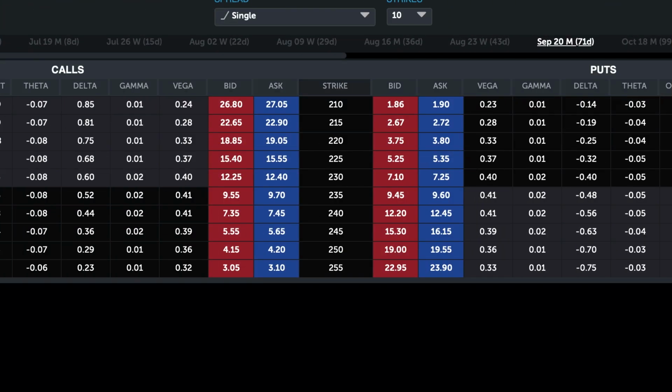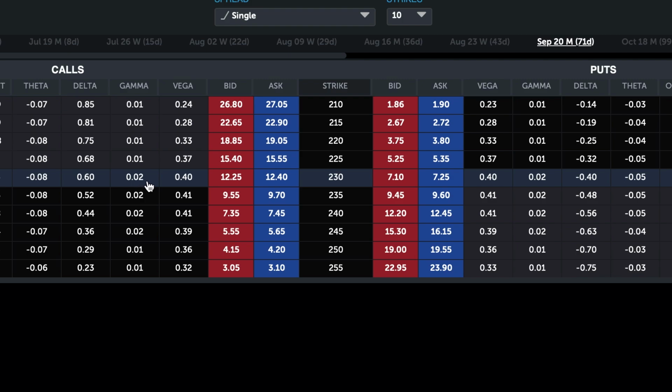Right, so I have my option chain pulled up again. I did have to go in and add gamma to my desktop version because I did not have it set. But as you can see, I'm still on the September 20th expiration for Apple, and at a 230 strike, we can see again that the delta is 0.60. But if you look over here, you see that the gamma is at 0.02.